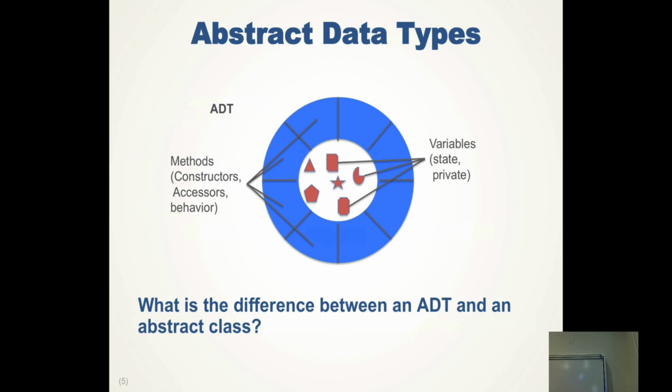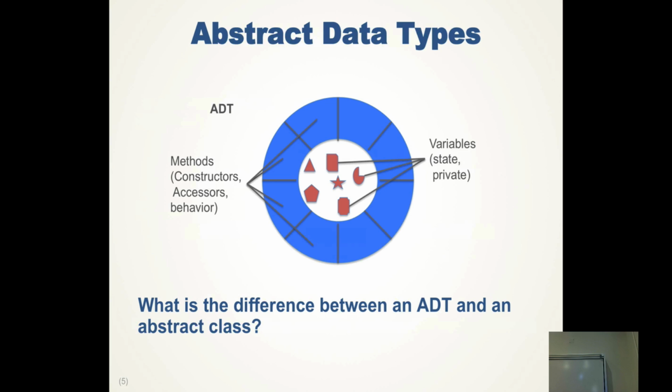Question, what is the difference between an abstract data type and an abstract class? Yes, an abstract class has methods that are declared abstract.